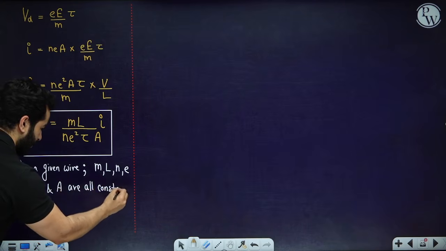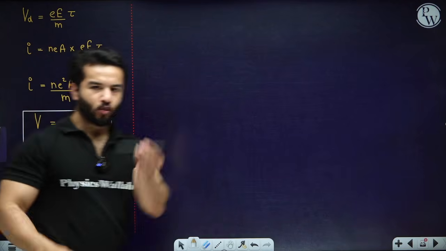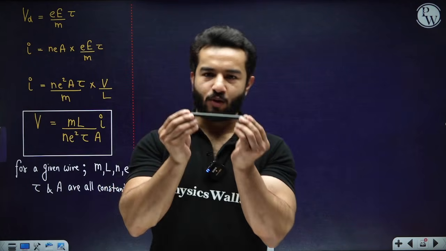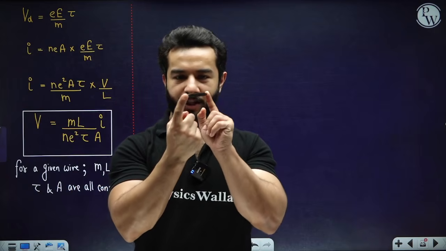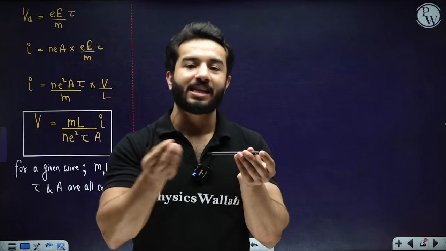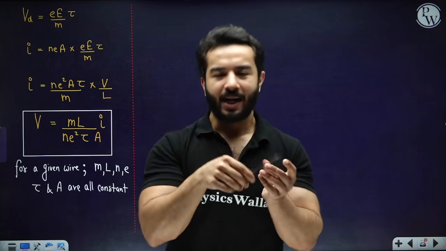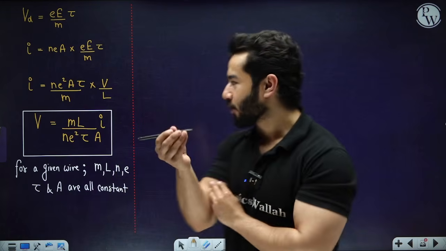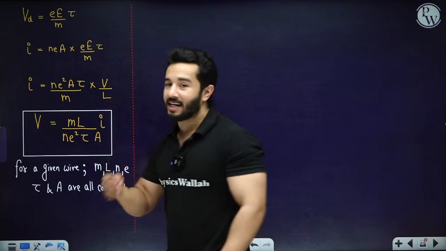I mean, I've already taken this wire, its length is not going to change, area is not going to change, n is the number of electrons per meter cube. It is a property of the material, that is not going to change. τ is the relaxation time.